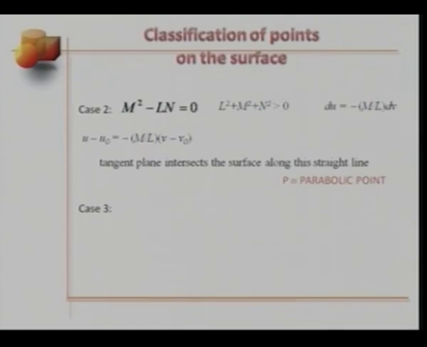Case 3. We have m squared minus ln strictly greater than 0. We'll have two real roots for du.